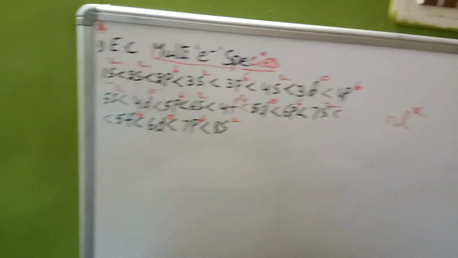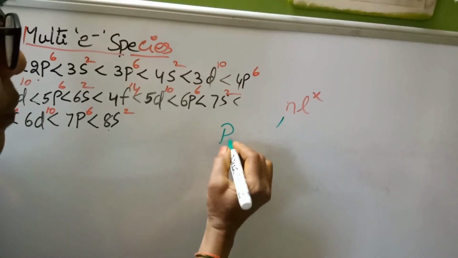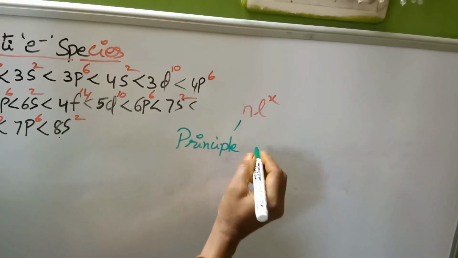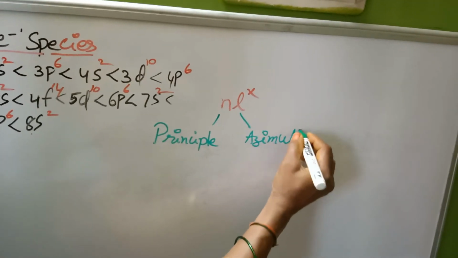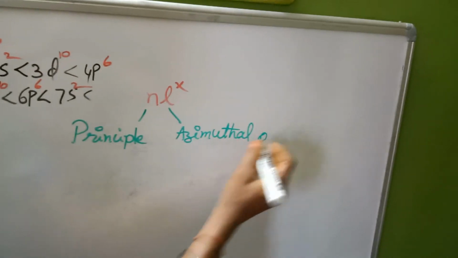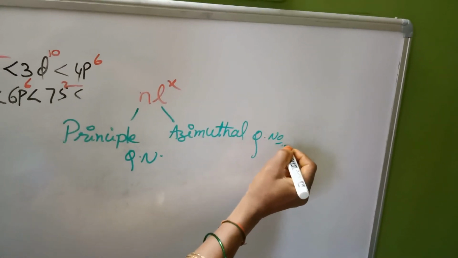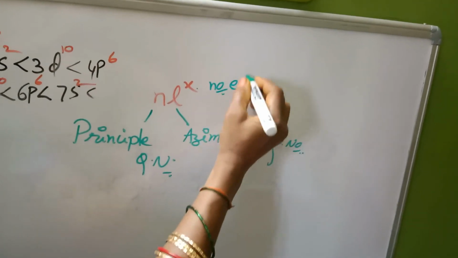Here n indicates the principal quantum number, l indicates the azimuthal quantum number, and x indicates the number of electrons.